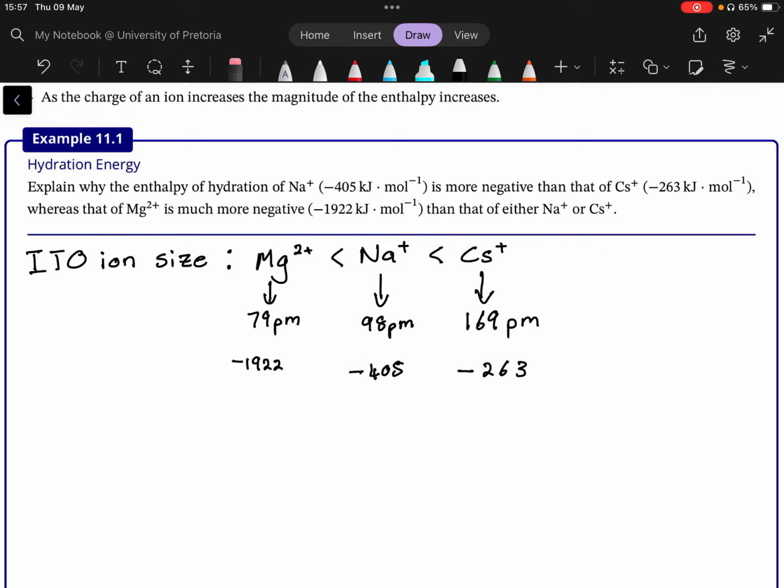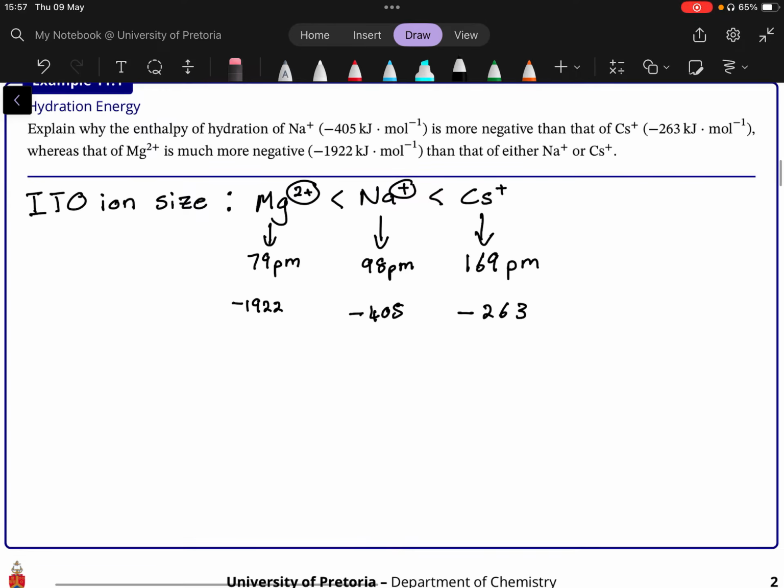So why is it that the cesium's enthalpy is the most positive and the magnesium's is the most negative? Well, the first and obvious reason is that magnesium 2+ has a higher charge, a larger magnitude of charge, than either sodium or cesium.